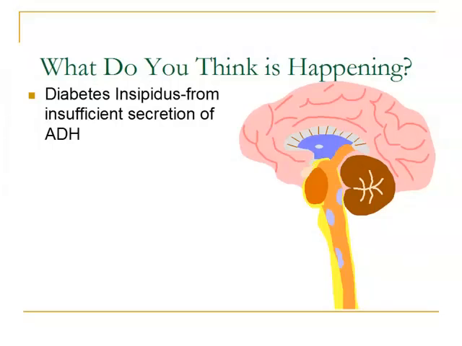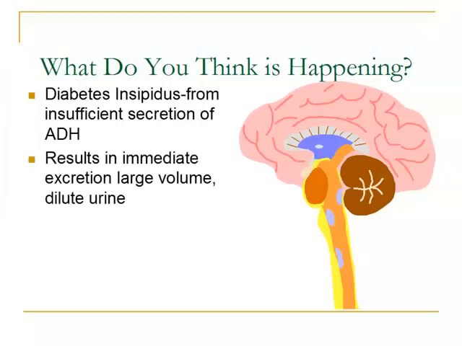Because of this large amount of very dilute urine that they lose, these patients become very hypovolemic and very dehydrated very, very quickly. Diabetes insipidus is not the same disease as diabetes mellitus. They are two totally different things. So you need to look at your textbook to look at the differences between those.